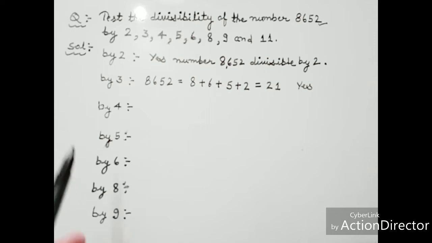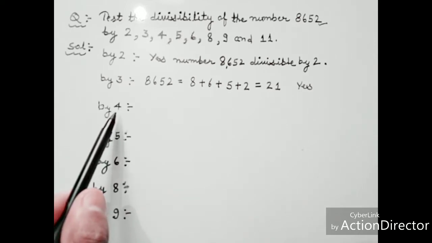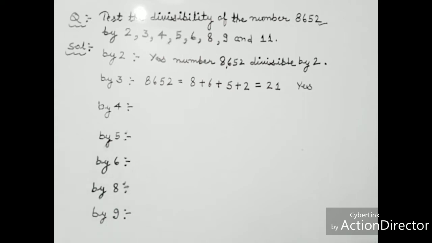Now we check divisibility by 4. The divisibility rule of 4 says that if the number formed by the last two digits is divisible by 4, then the whole number is divisible by 4.